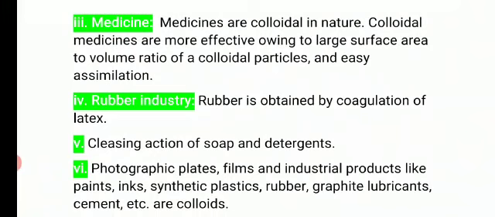Understood? Elasticity will be increased. So the higher quality rubber is prepared by using coagulation or precipitation of latex only.